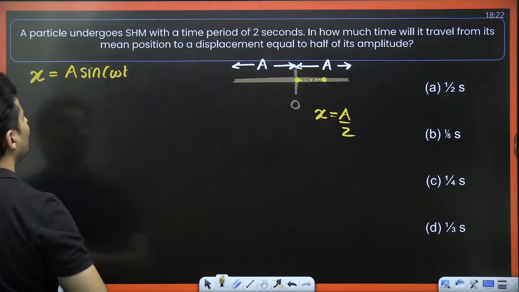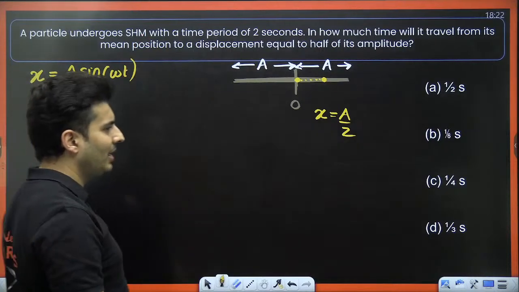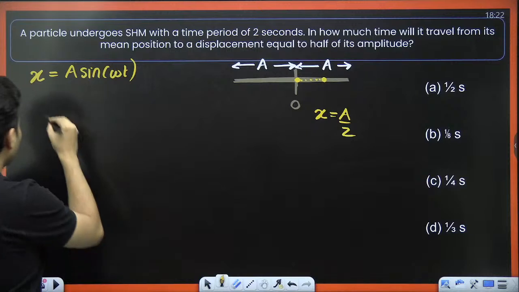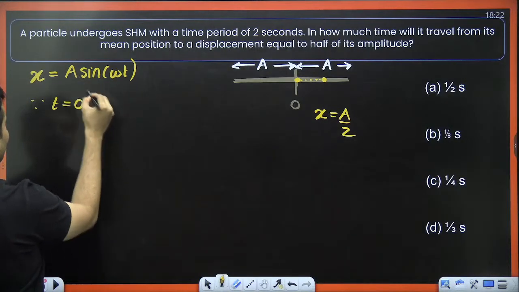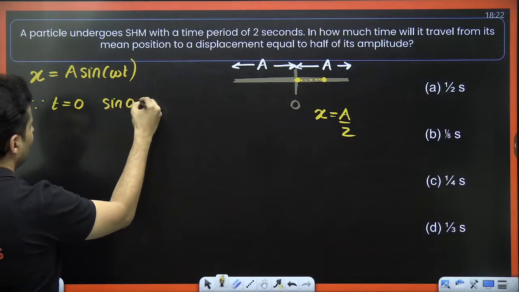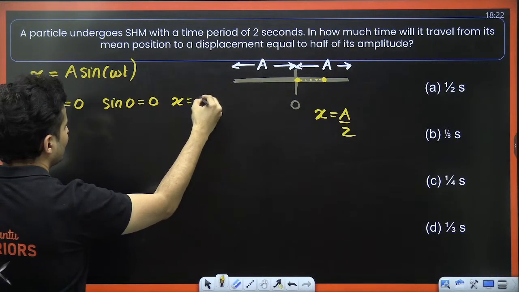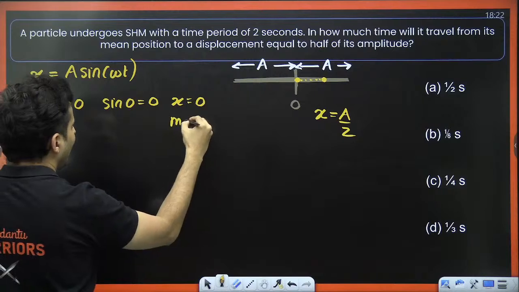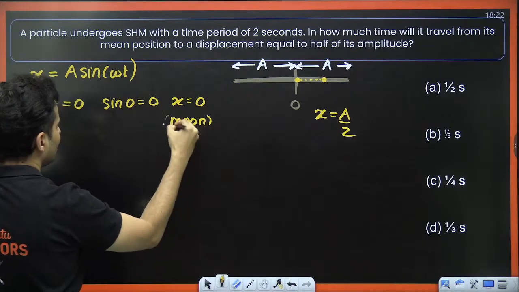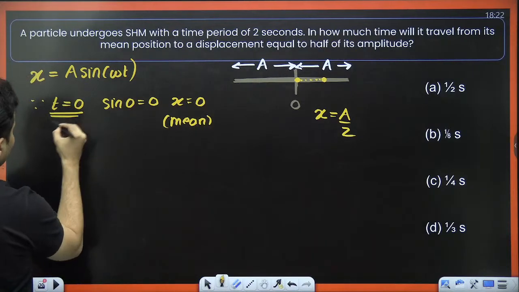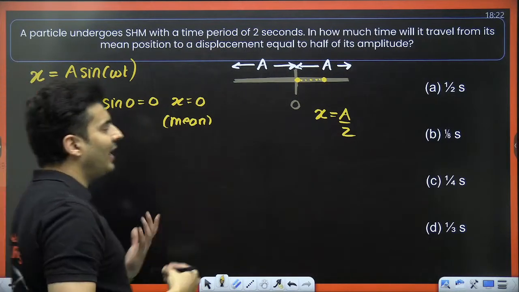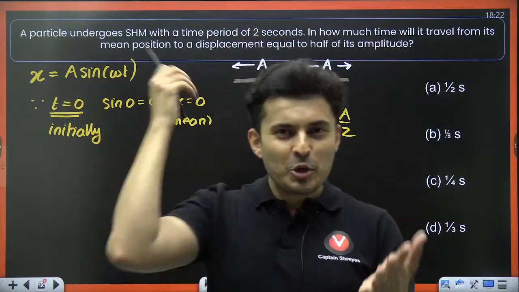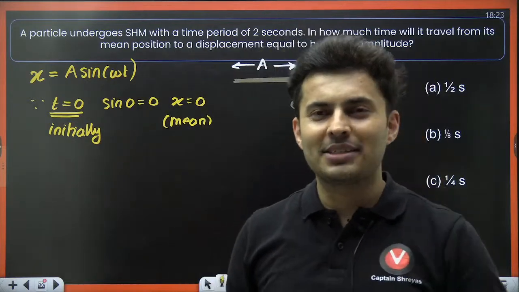Actually, don't even use phi over here, just use a sine omega t, because I know at t is equal to 0, sine 0 will be 0, that means x will be 0, that means you are at the mean position. This is initially. Phi is not required. You are at the mean when time was 0.